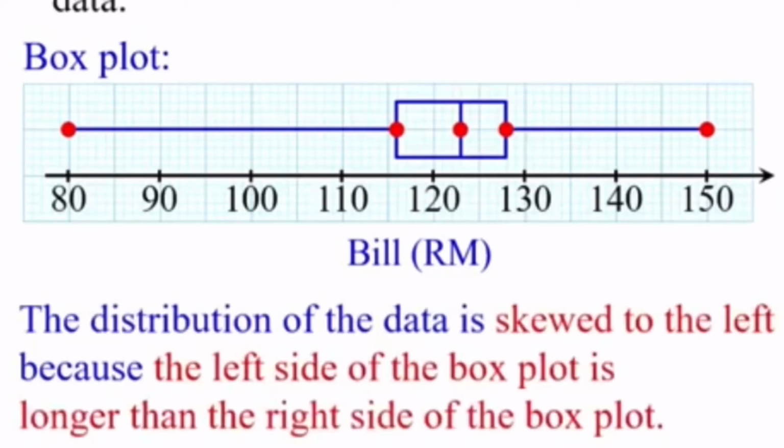Okay, the distribution of the data is actually skewed to the left. Why do we say skewed to the left? Because the left side of the box plot is longer than the right side of the box plot. As you can see, the line connecting the minimum point to the first quartile is longer compared to the horizontal line to the right, which connects the third quartile to the maximum value.